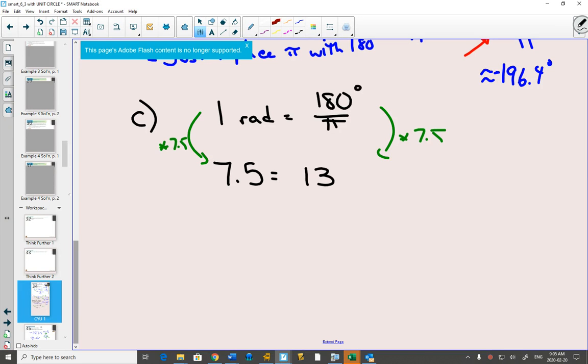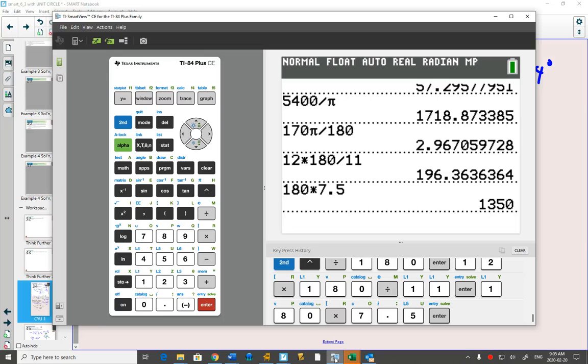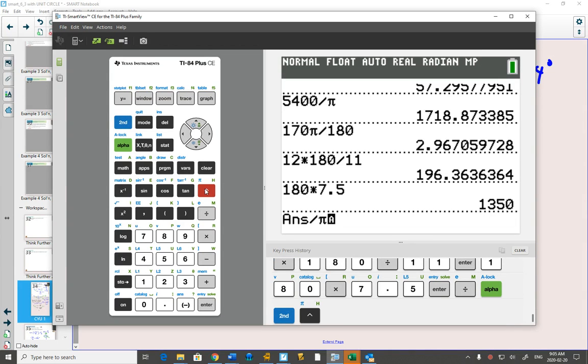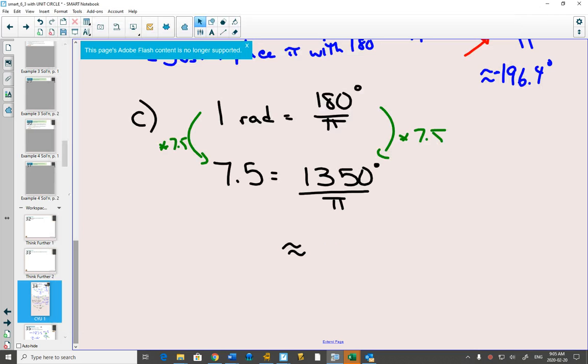So if I wanted to write an exact answer, I'd write 1350 over pi degrees. If I wanted to do an estimate to the nearest tenth, 429.7 degrees.